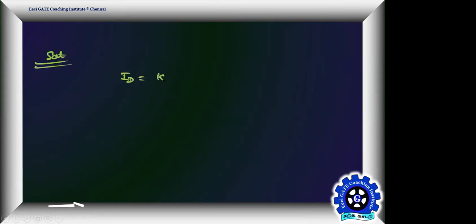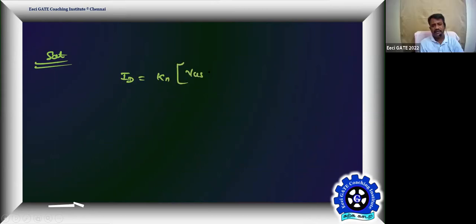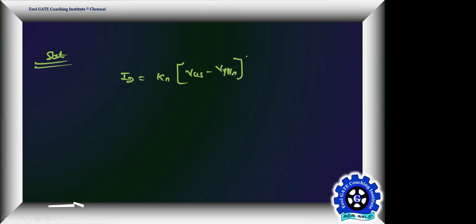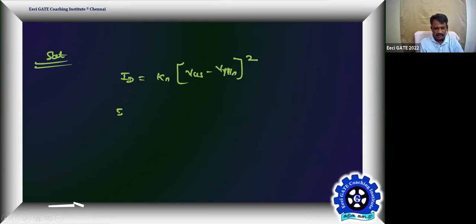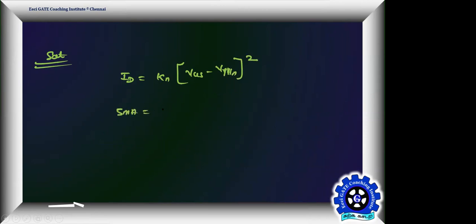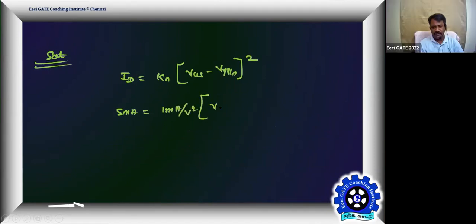Then you will exploit the equation ID equal to Kn into VGS minus V threshold of NMOS, the whole square. ID is given as 5 milliamps, and Kn is given as 1 milliamps per volt squared. The only unknown is VGS. VGS minus 1 volt, correct?